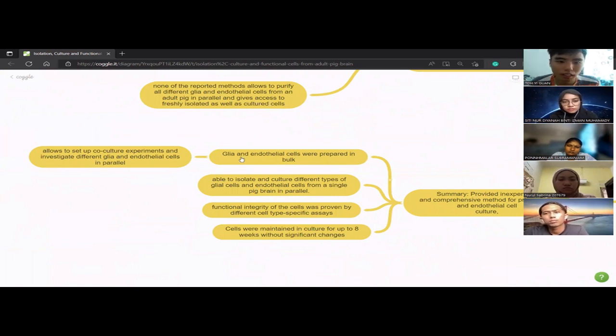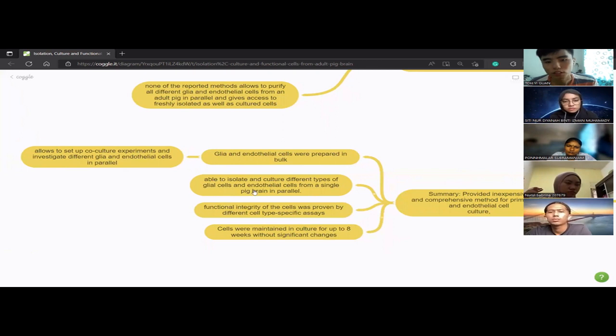The glial and endothelial cells were prepared in bulk, which allowed setting up co-culture experiments and investigating different glial and endothelial cells in parallel. It is also able to isolate and culture different types of glial cells and endothelial cells from a single pig brain in parallel. And the functional integrity of the cells was proven by different cell type specific assays.